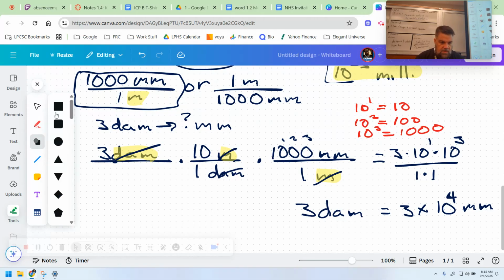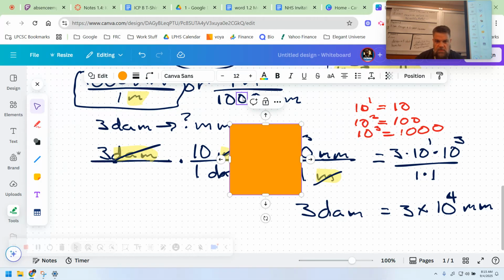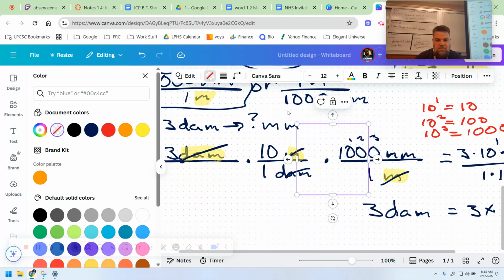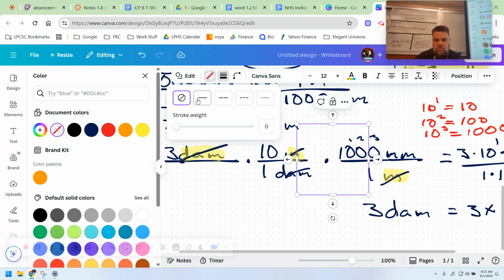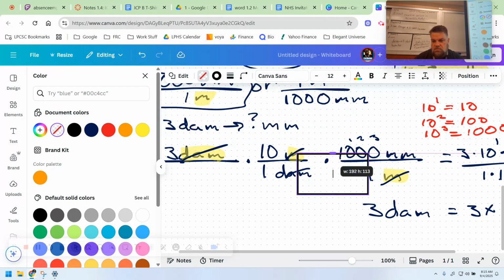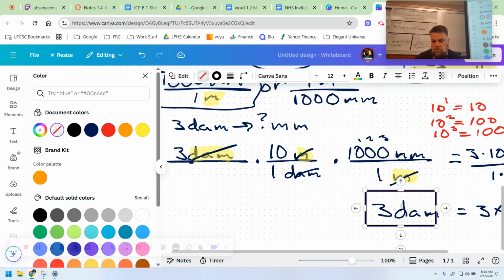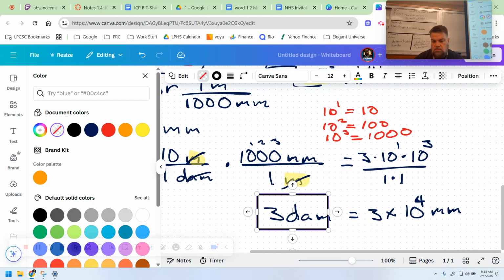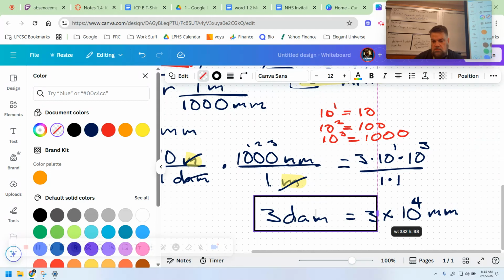Now I'm going to show you a shortcut. This will probably backfire on me, but we'll see how it goes. So we did all that work to get this.